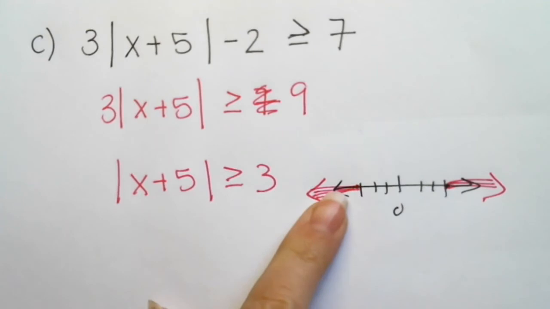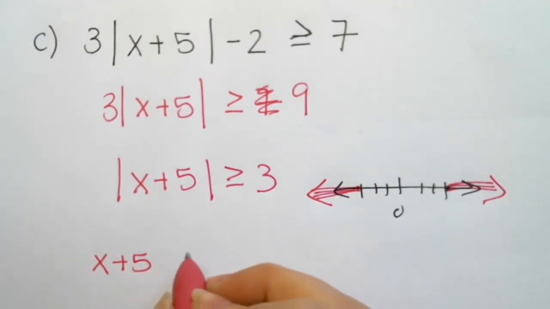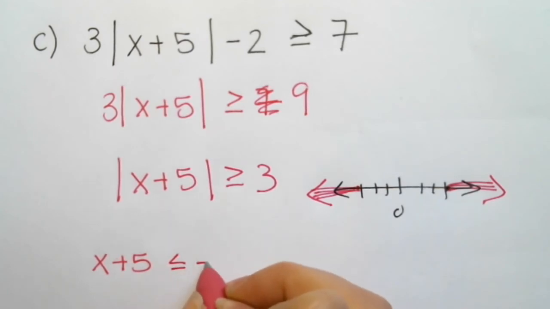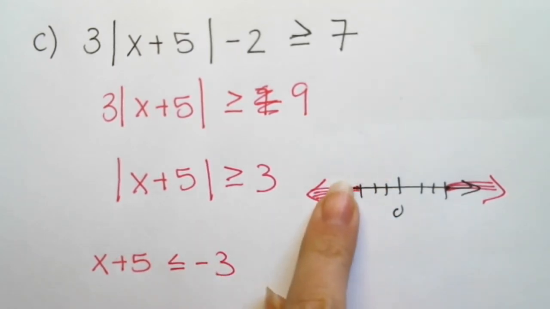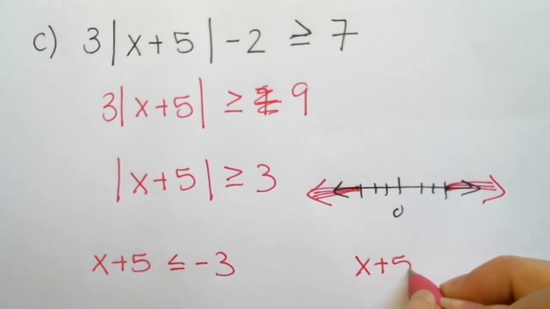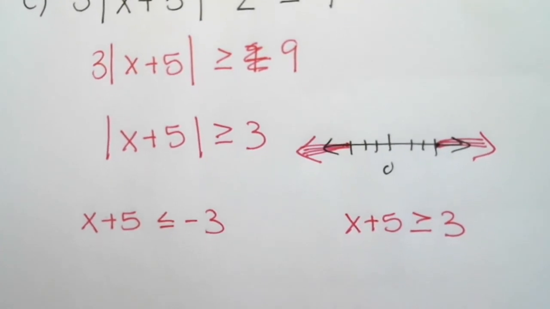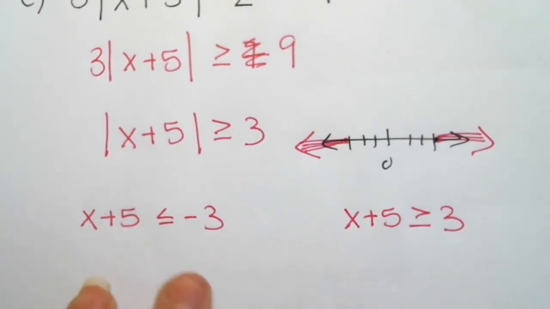So these numbers are going to be less than or equal to -3. I can see those numbers here. And then for this part, I can see that I'm talking about the numbers that are greater than or equal to 3. Now to solve these, I'm just going to subtract 5 from both sides.